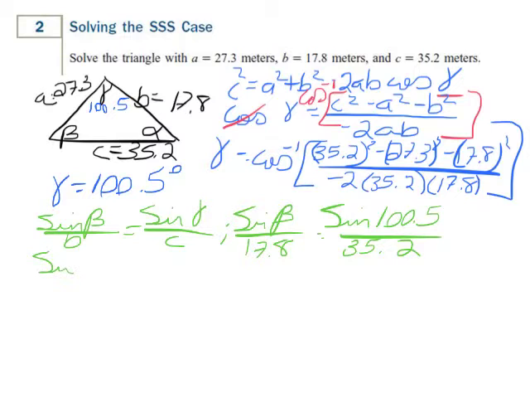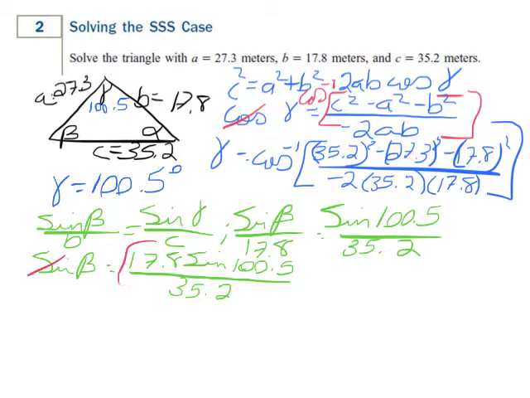So the sine of beta is equal to 17.8 times the sine of 100.5 divided by 35.2, but we want to get rid of sine, so we're going to do the inverse sine, and you'll end up with beta is equal to 29.8.